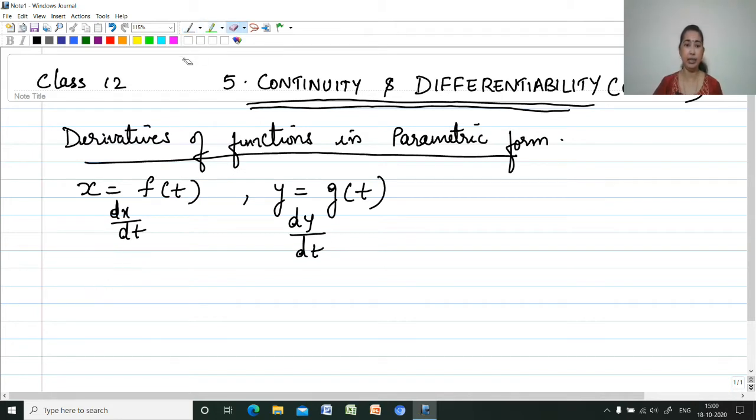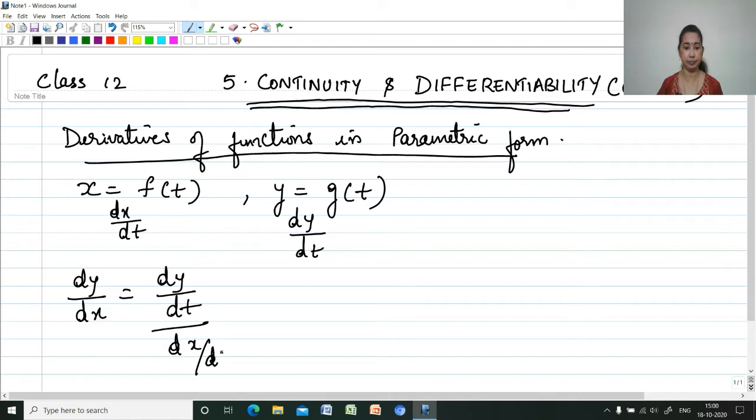Dy by dx can be written as dy by dt divided by dx by dt, or dy by dt into dt by dx. You can divide dy by dt and dx by dt and we can get dy by dx.